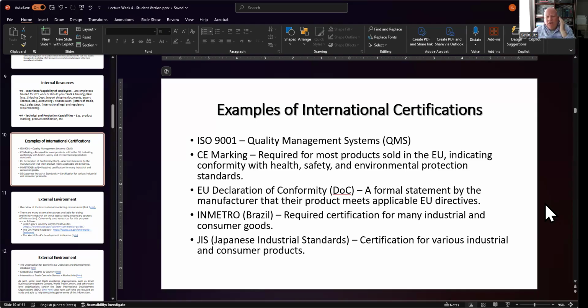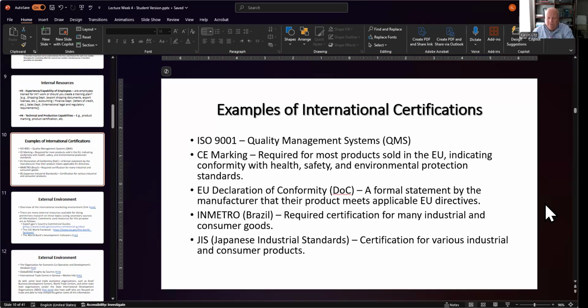In order to go to the EU, you're going to need CE marking. It's an acronym of a French term, but basically it means conformity with health, safety, and environmental protection, or EU Declaration of Conformity. Brazil, here's a couple. These are just a couple of other examples. Brazil, it's going to be INMETRO.